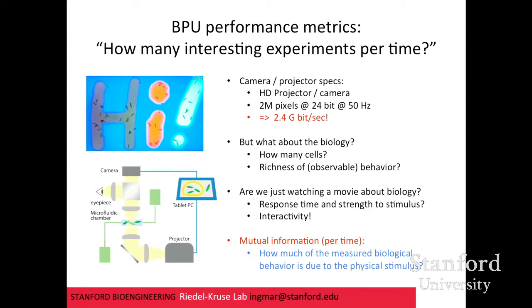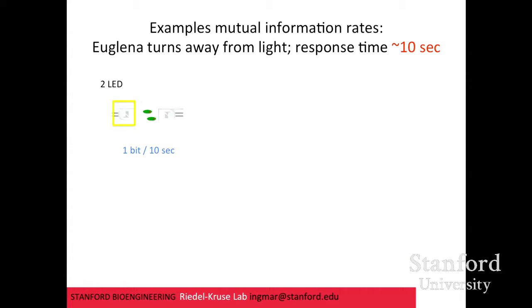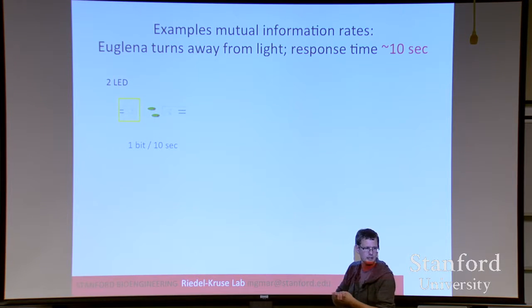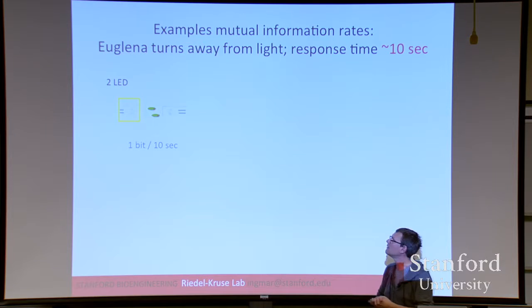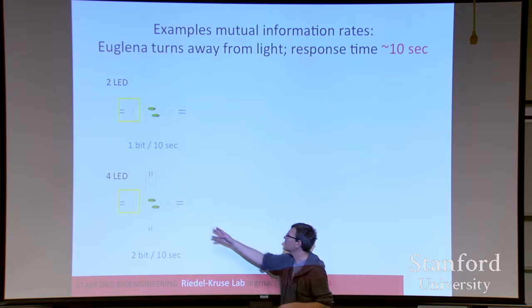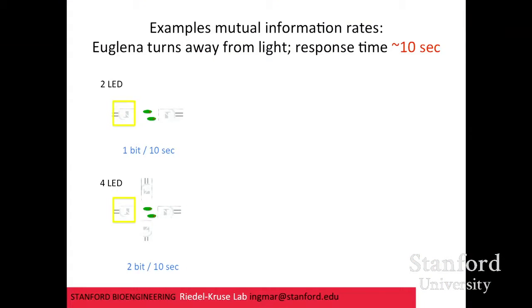And just to illustrate this a little bit, if we have, for example, two LEDs from the side and these Euglena cells, you apply a stimulus, and the response time is on a scale of 10 seconds, you can basically have a mutual information of about 1 bit per 10 seconds. If you have 4 LEDs, you double that, right?